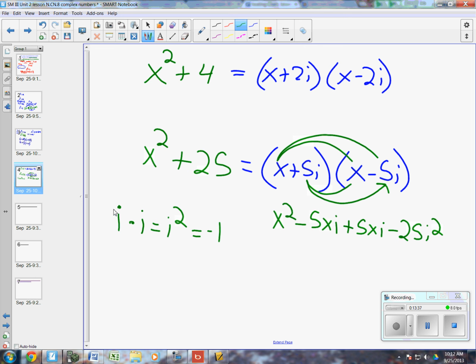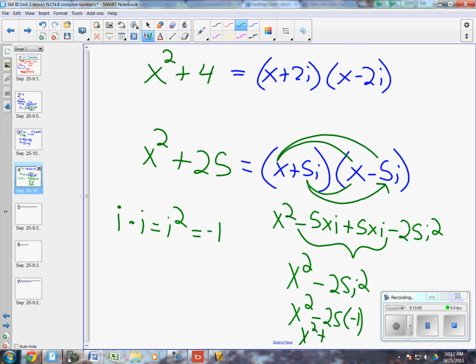Okay, so what do my two middle terms add up to? 0. And I have negative 25i squared. What is i squared equal to? So I can replace i squared with a negative 1, so negative 25 times a negative 1 is positive 25, giving x squared plus 25, which is what we started with right here.